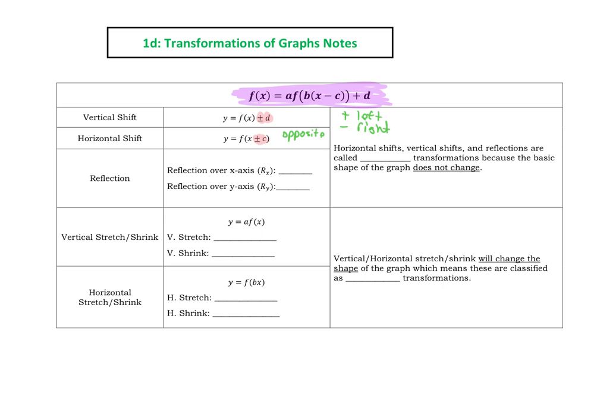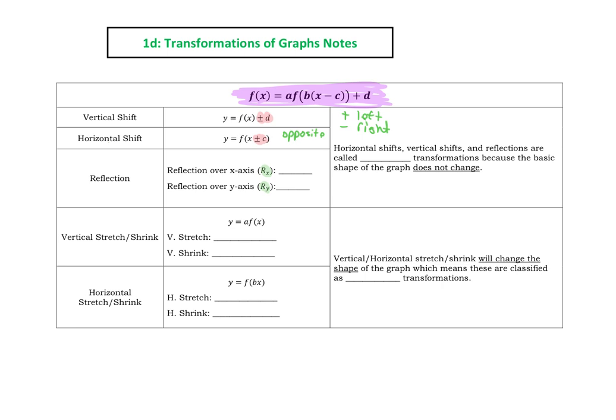The other transformation we're going to talk about is reflecting over x and reflecting over y. We will use the designation of r of x and r of y. Reflect over x, reflect over y is what that means.